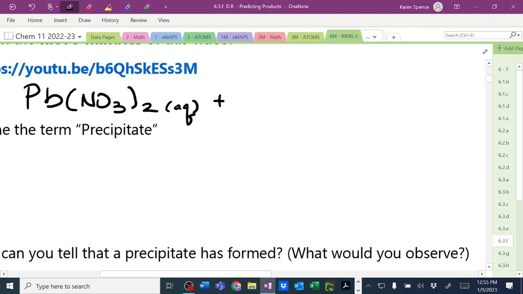Plus I also have potassium iodide, KI, and I put it in water, and is it solid or is it aqueous? It is aqueous because K is an alkali metal. So all the alkali salts are soluble. And I'm going to put that into a separate test tube.